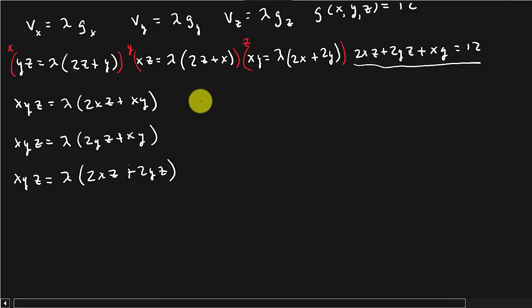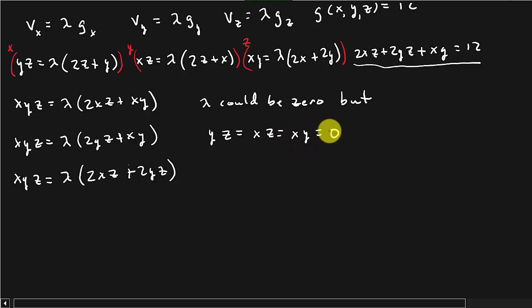Now, when we look at this, lambda could be 0. But that would mean yz equals xz equals xy equals 0.